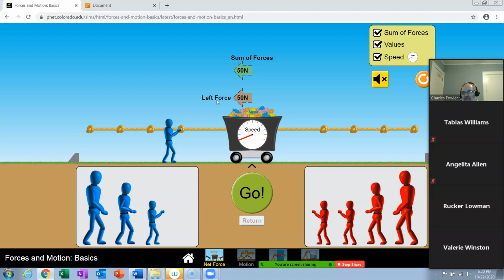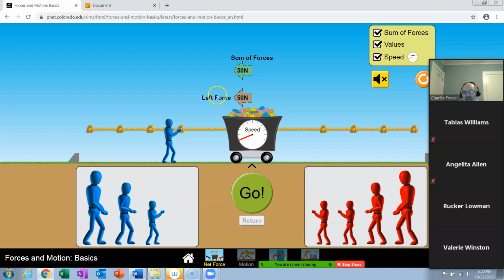Now, possibilities on the speed would be it stays at 0. I think we've decided it's not. It could move at a constant speed, not 0. Or it could be at an increasing speed. So that's what you're going to look at when it says record the motion of the cart. It moves with what type of speed in what direction.